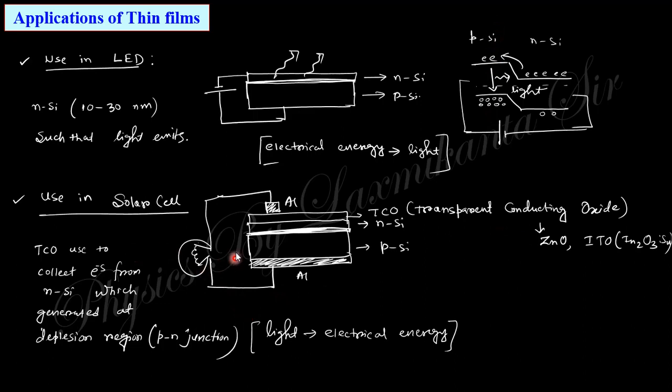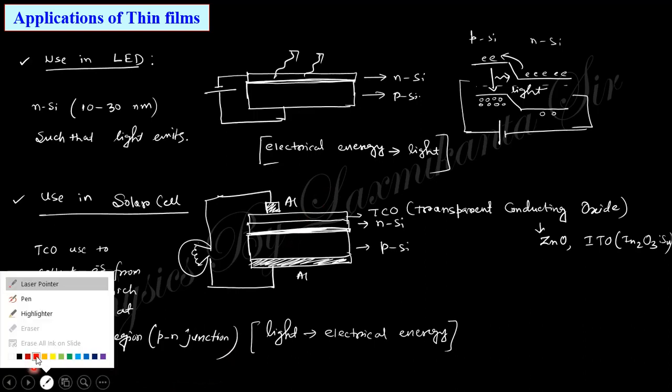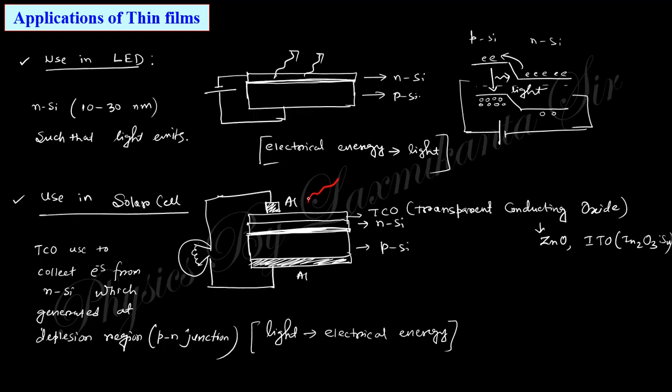And in the solar cell application, you can see there is the P side, this is the N side, and in between there is the depletion region. When light is incident on the transparent conducting oxide material, we use this material because it transmits the light but conducts electricity. So light passes through this layer and then reaches the junction.